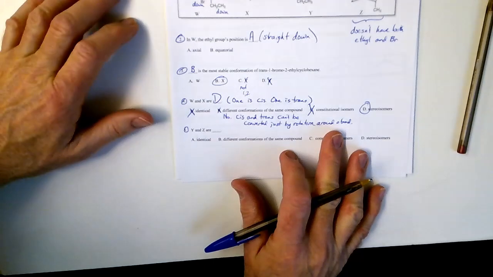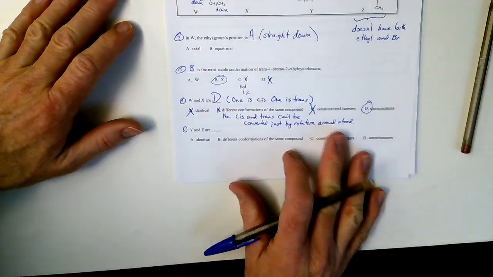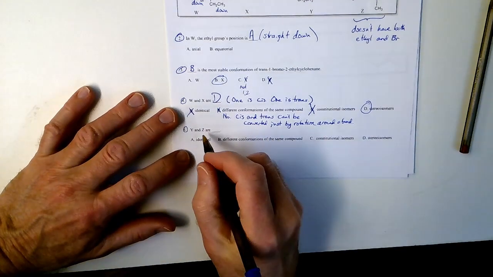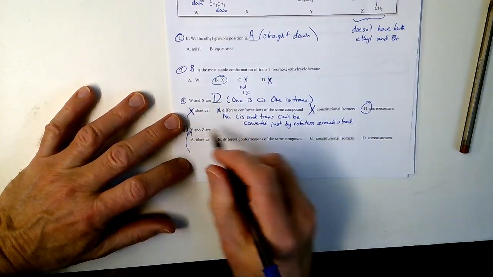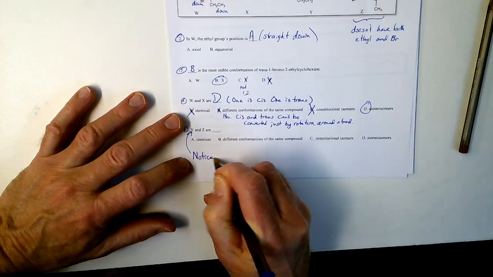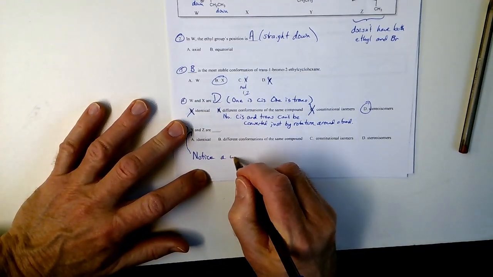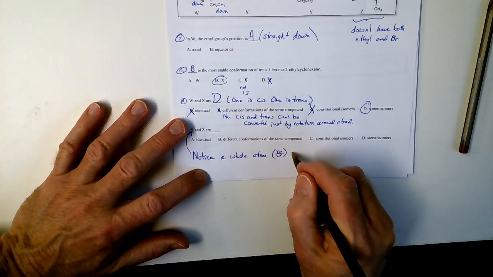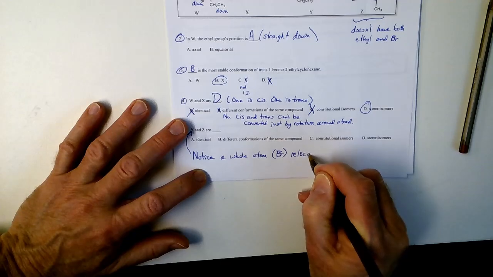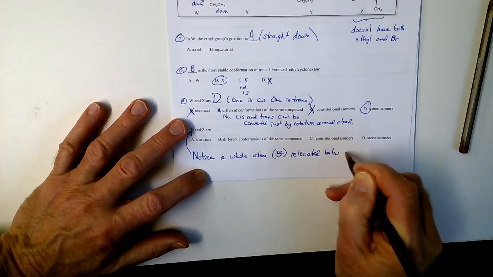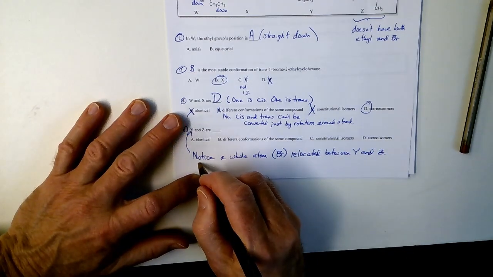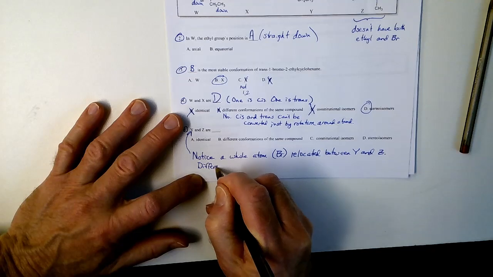Let's see. Oh, there are questions on that. Number 4. Number 5 asks us to compare, what is it? Y and Z. Okay, now these things are way different from each other. Notice a whole atom, which in this case is bromine, relocated, and this would be between Y and Z. Another way of saying that is they have different connectivity.